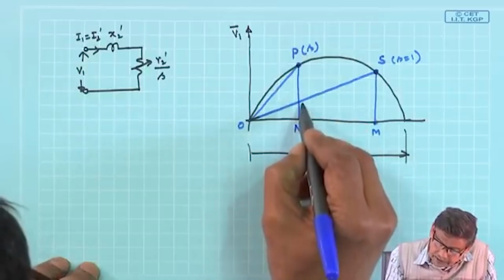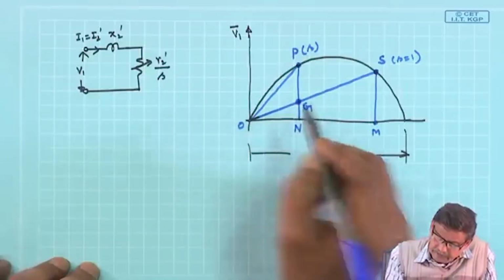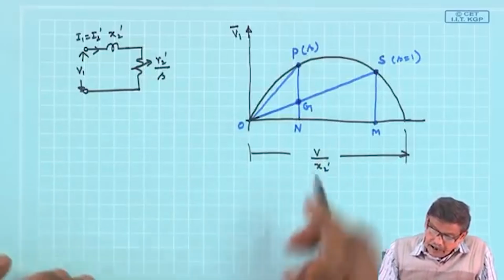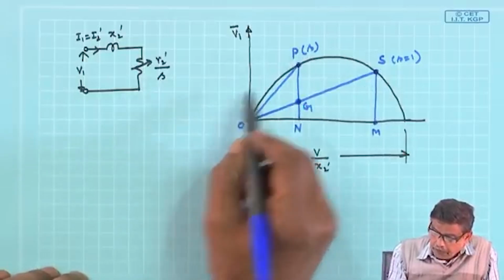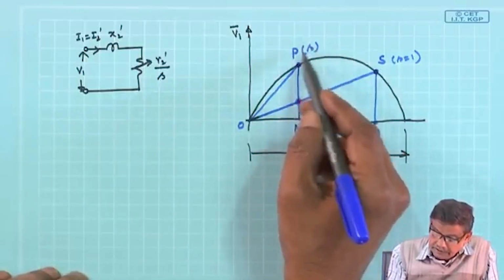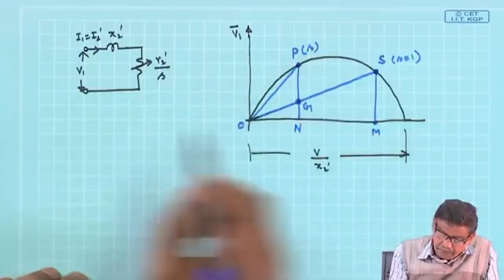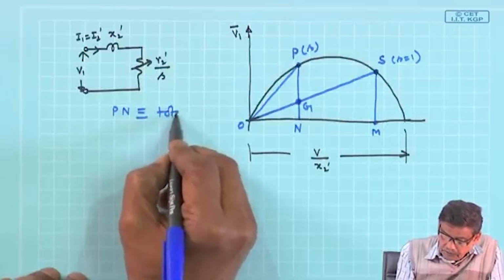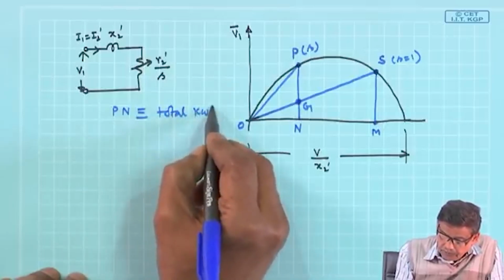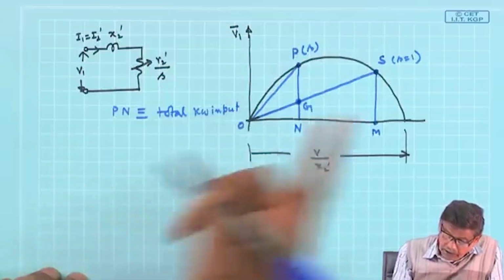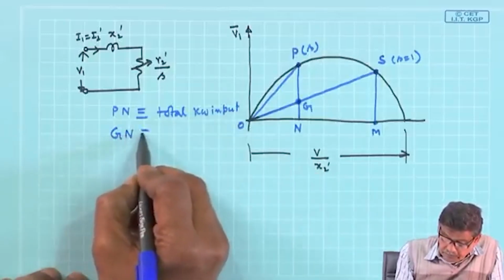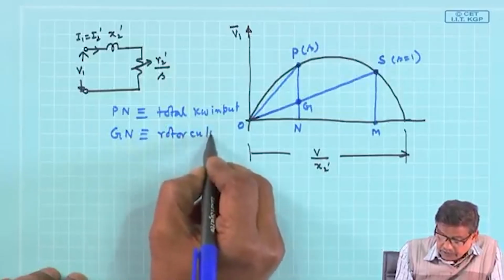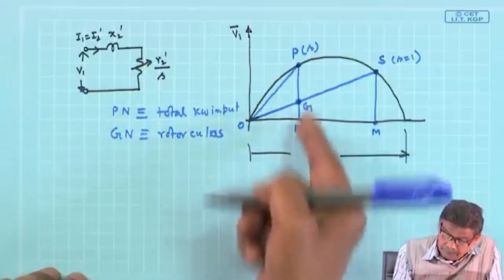Call it N and call this point G. Then I have shown that the total input power at this slip is Pn, the total kilowatt input. Also I have shown that Gn is the rotor copper loss. This length will also represent rotor copper loss at this slip.